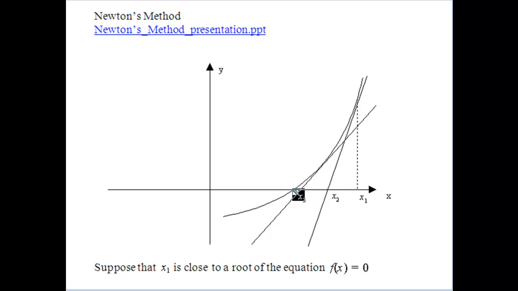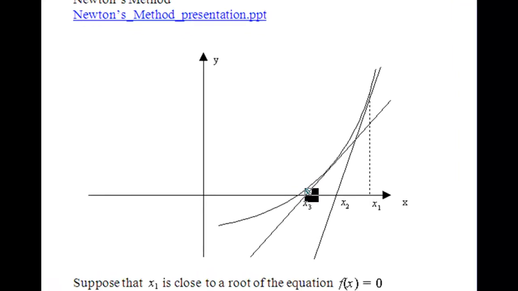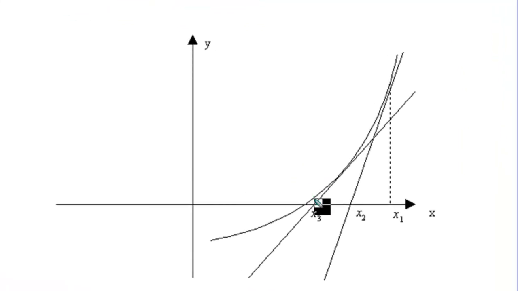It doesn't have to be a polynomial, it can be any function there, but it gets close to the root of that function. So again, if we take the tangent at x2 and get a new tangent at that point, notice again it gets closer. Again, if we took the tangent at x3 there, it would get closer again, and so on and so on.